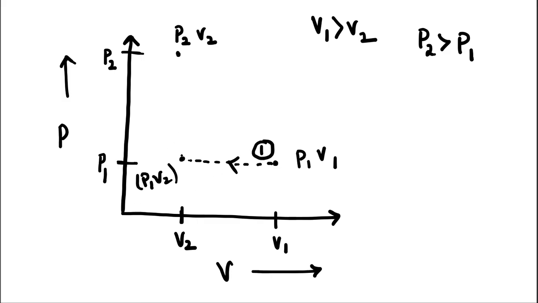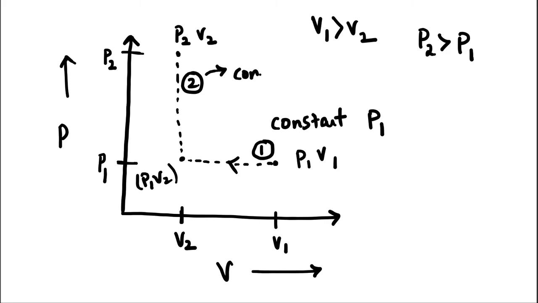Now it goes from P1 V2 to P2 V2 at a constant volume of V2. So this is the second process. This process is done at constant P1, and this process is done at constant V2.